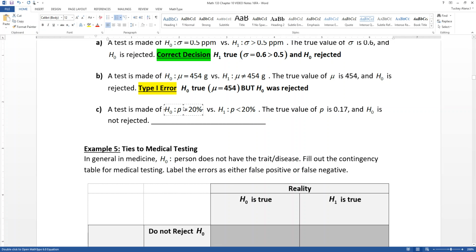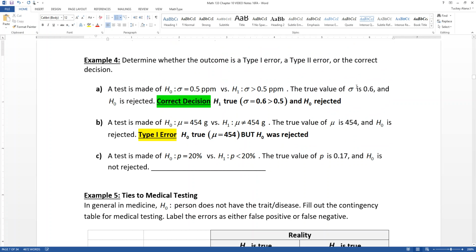All right, now I'm going to test a proportion: the null is a proportion equal to 20%, the alternative is the proportion is less than 20%. The true value is p equals 0.17. That means the alternative is actually true, but the null hypothesis was not rejected. See, 0.17 is actually less than 20%, so this alternative hypothesis is actually true.